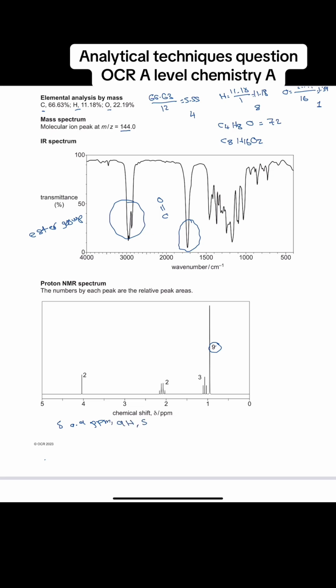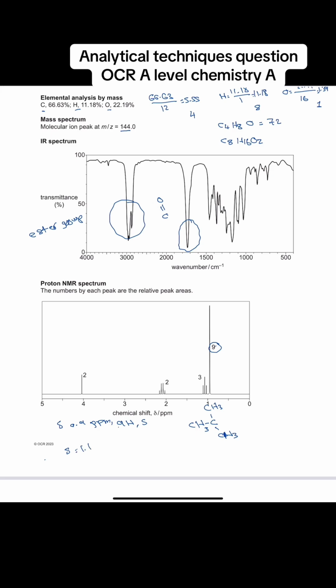In this case, 0.9 ppm means a CH next to a carbon. And there are 9 protons and they are a singlet, which means there are no adjacent hydrogens, and that also means that we have 3 identical CH3s. So this is the first group, the 9 protons that give us the peak at 0.9 ppm.